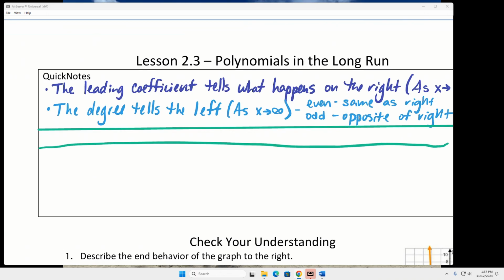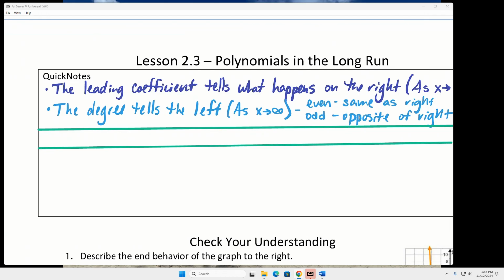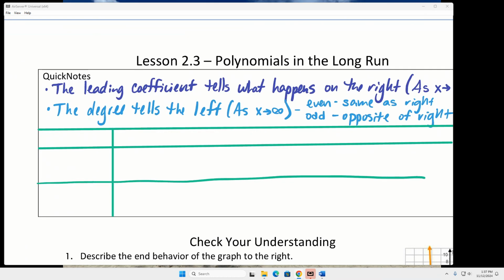Okay, so we're going to draw a table. I really should have pre-drawn this table for you, but you'll be fine.